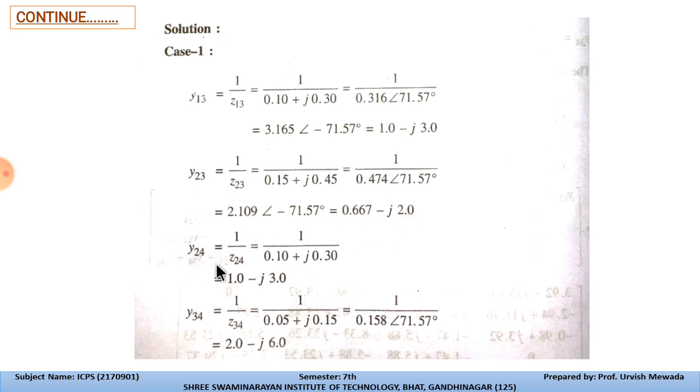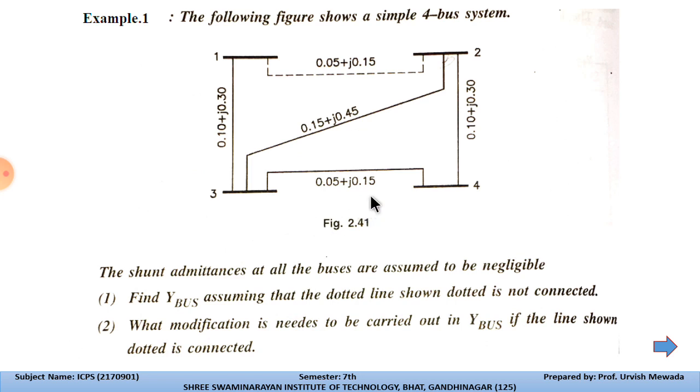Now Y24 is similar to Y13. So 1 upon Z24, which is 0.10 plus j0.30, will be the same as Y13, so 1.0 minus j3.0. Then let us discuss Y34.